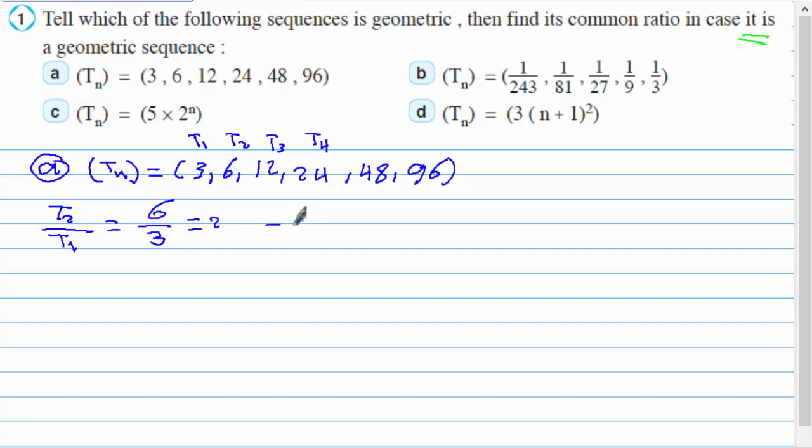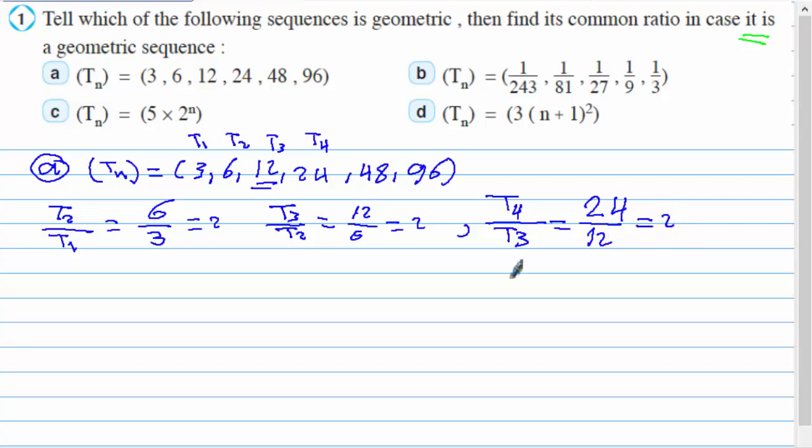Also, when you divide T3 over T2, what do you get? 12 over 6, which equals 2. Also, T4 divide T3: the value of T4 is 24, divided by T3, which equals 12, and the result also equals 2.